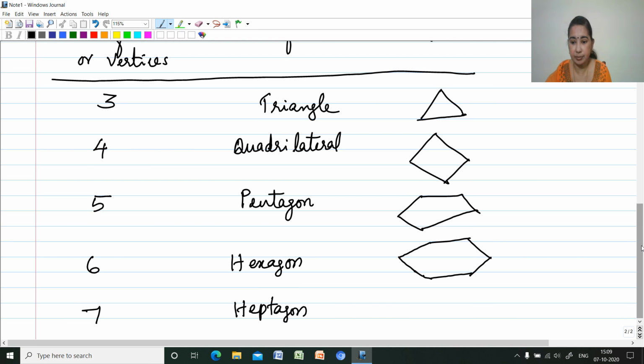It will be a 7-sided figure: 1, 2, 3, 4, 5, 6. It should be 7-sided, so we have to make it a little smaller: 1, 2, 3, 4, 5, 6 and 7. That is how to draw a 7-sided figure.